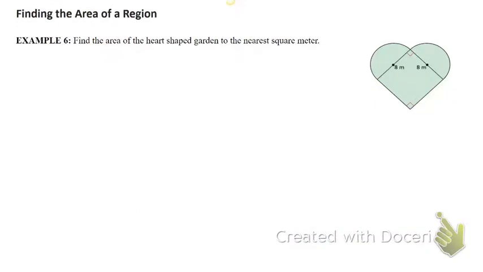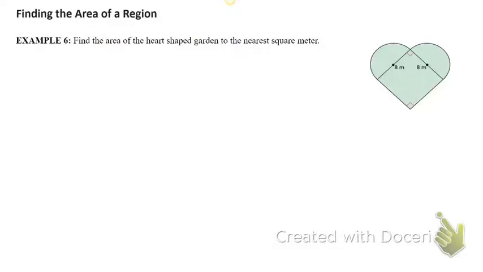For example 6, we're asked to find the area of the heart-shaped garden to the nearest square meter. So we want to look at this diagram and notice that we have a square and we have two semicircles, and we know that total area is equal to partial areas added together, the sum of all the partial areas.